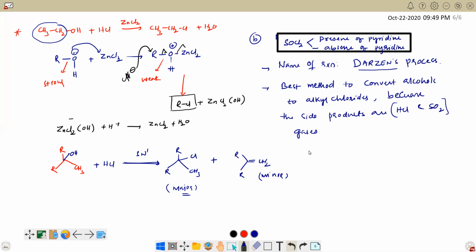Understood? Reaction: R-OH plus SOCl2, you heat it. I'm not taking pyridine here, and without pyridine I'll show you that also. RCl plus SO2 gas plus HCl also gas. Understood?